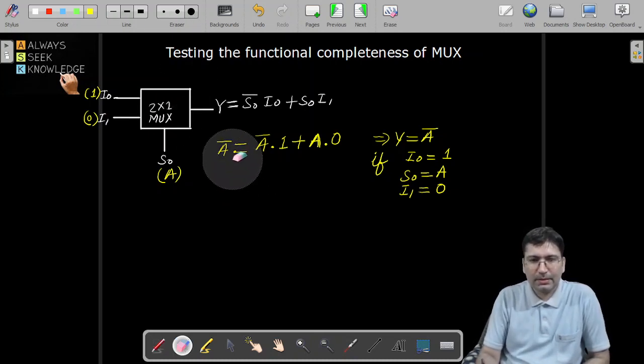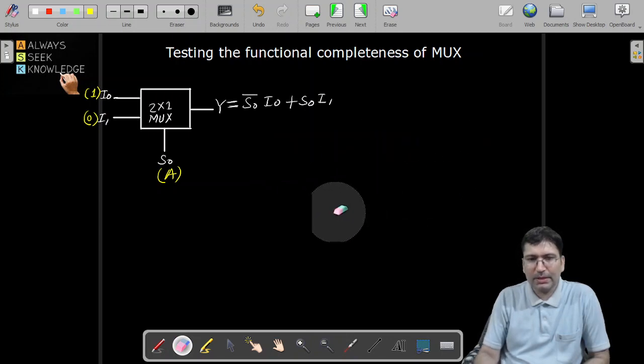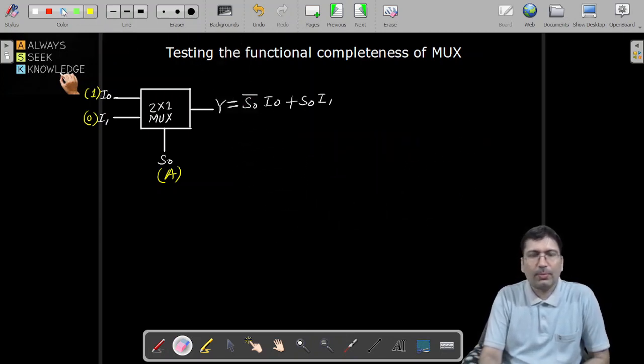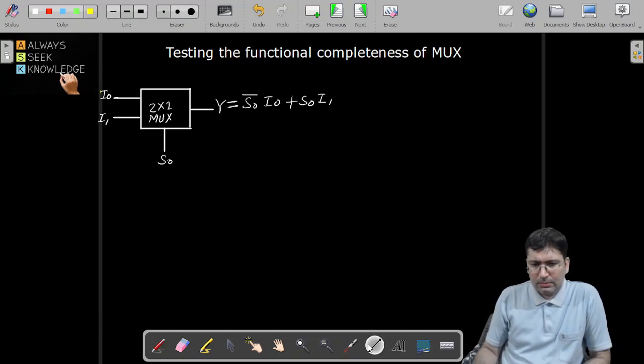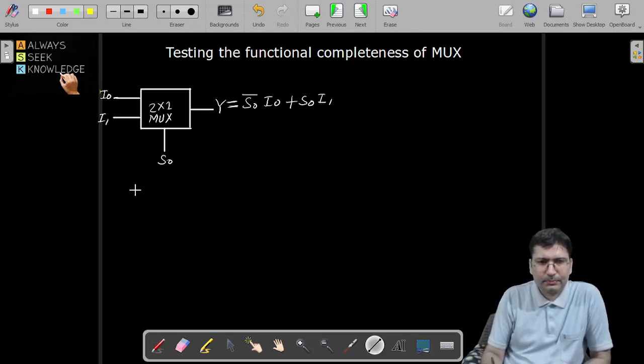Now let's test the same thing for whether we can generate the OR operation or the AND operation. So let me clear this. Now the same thing we can try for AND and OR. If you recall the truth table of AND, in case there are two variables involved, it looks like this.